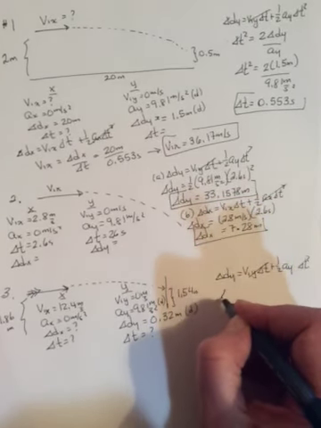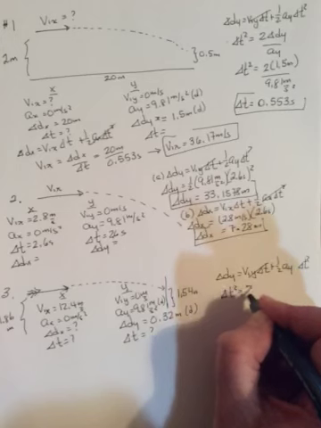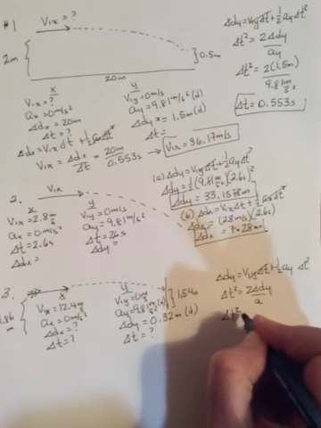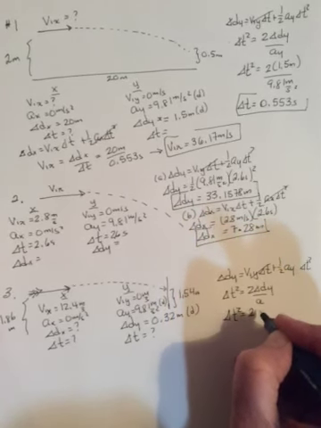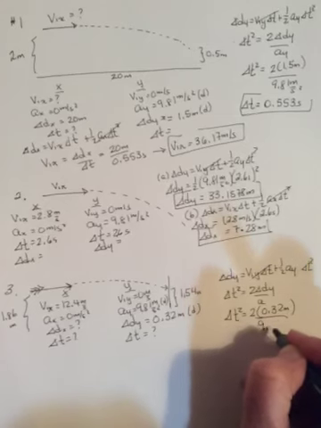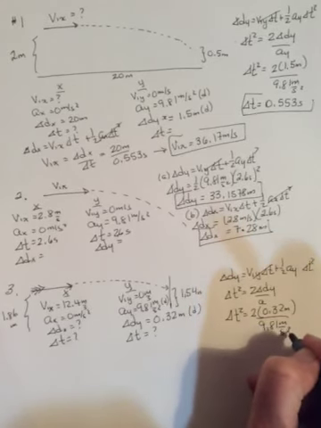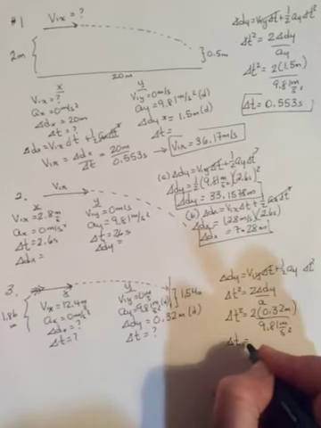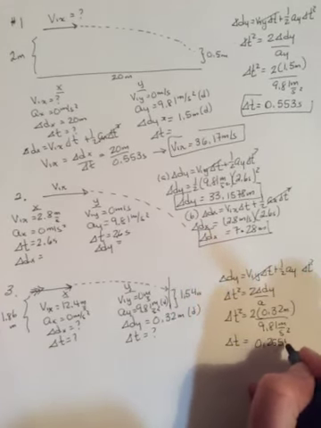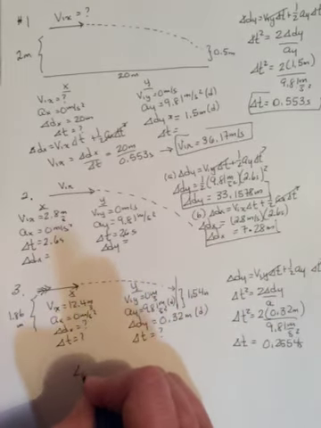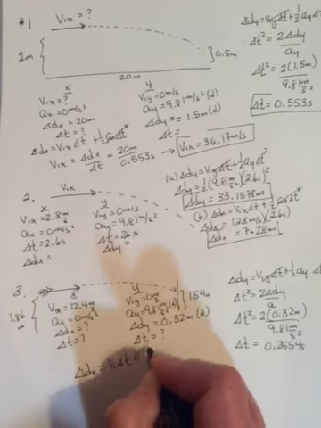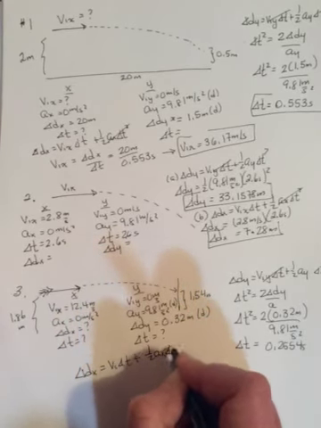VIY goes to 0, rearrange for t squared, so 2 delta dy over A. So t squared is equal to 2 times the 0.32 meters divided by 9.81 meters per second squared. Take the square root, get 0.2554 seconds.